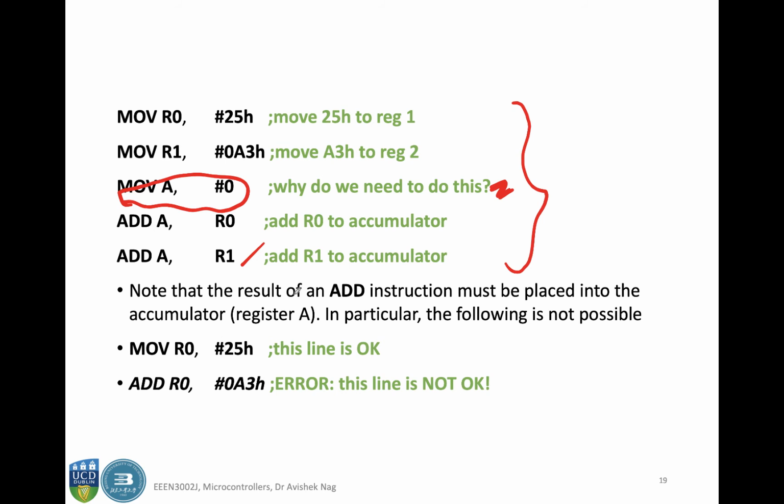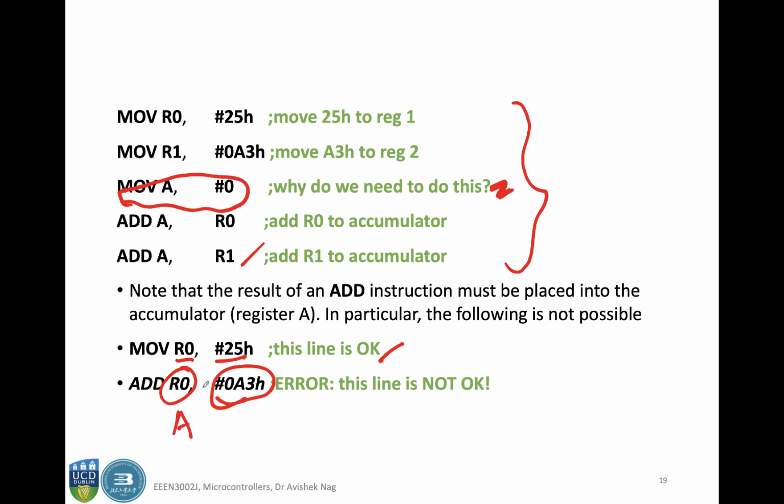So your add instruction must be used with the accumulator. You cannot do this. Okay, you move the number 25 to R0. This is okay, and then you cannot directly add the other number to the contents of R0. This is not okay. So you have to do addition using the accumulator.